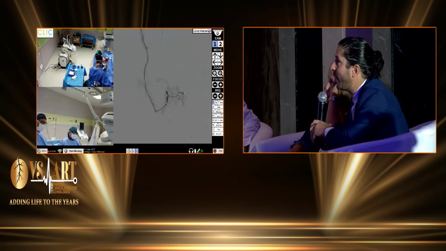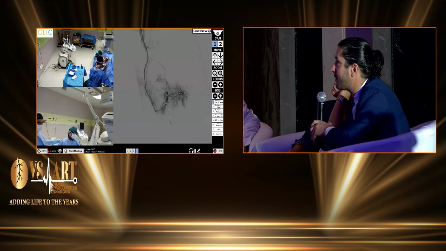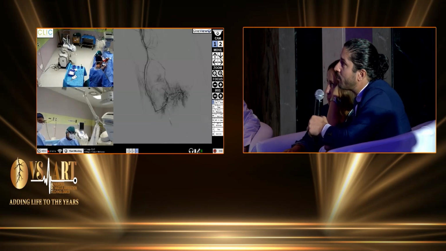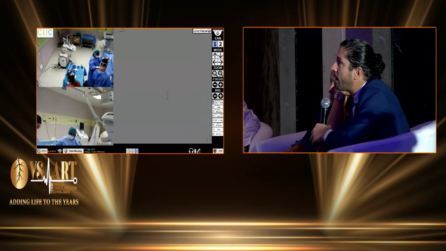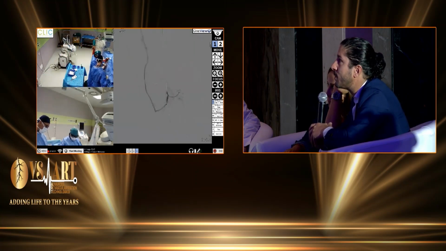Okay, the arch is patent. But there is no outflow, eh? Yeah, it's typical from what I can say from my personal small experience. It's a typical angiographic behavior of a deep gangrene and a deep infection. Yeah.